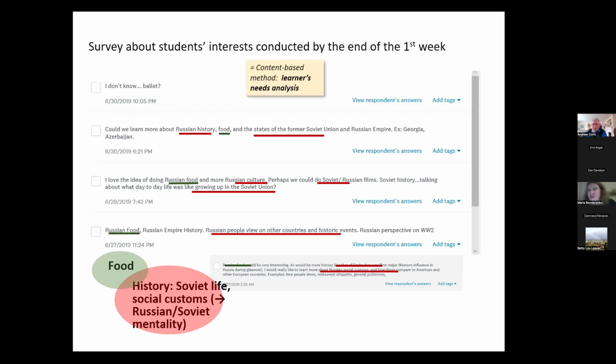As mentioned, the design starts with a survey about students' interests. And surprisingly, we received two major topics: food first, and after that, history, Soviet life, social customs, Russian and Soviet mentality.